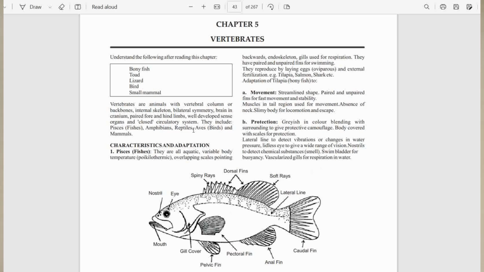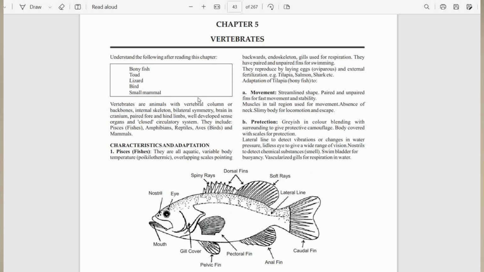Now, however, if you consider the evolutionary trend, you would agree that the complexity of these organisms increases as you move up the evolutionary line. As you move from fishes to mammals, their order of complexity increases.